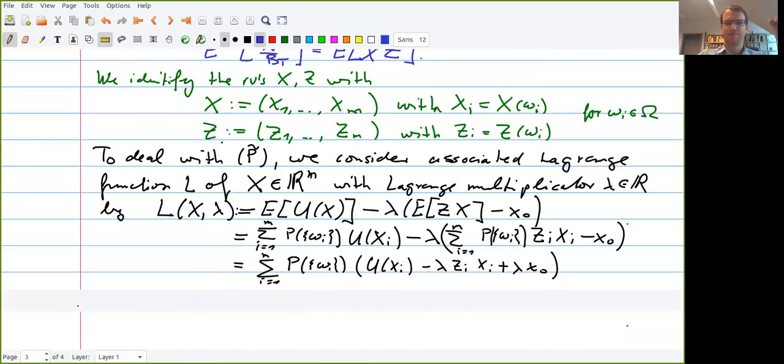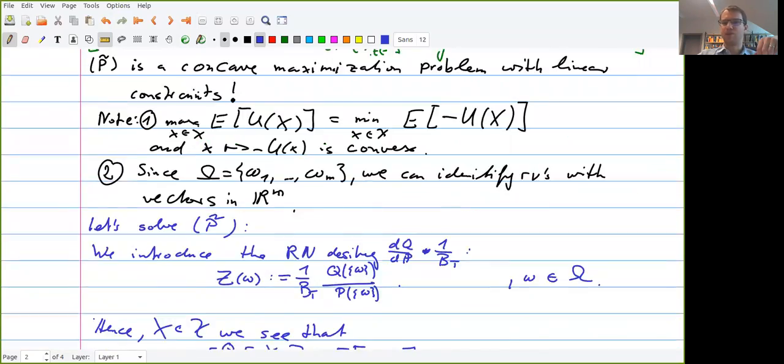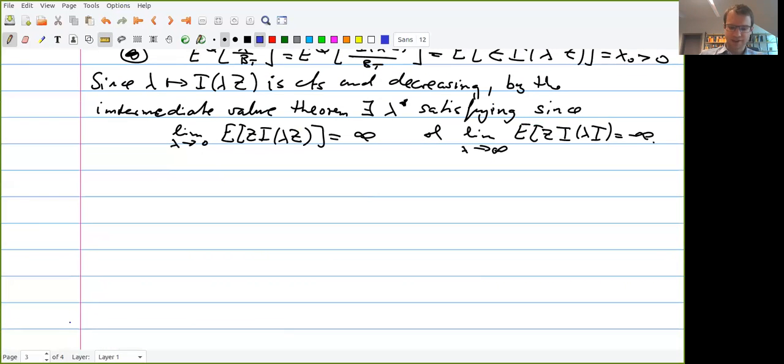So there is a solution x star to this auxiliary optimization problem P tilde, and this we can now use to solve the original optimization we wanted to solve. Okay, so let's come back to this, and let me directly give you the theorem, and then we just need to apply what we have learned in order to prove it.